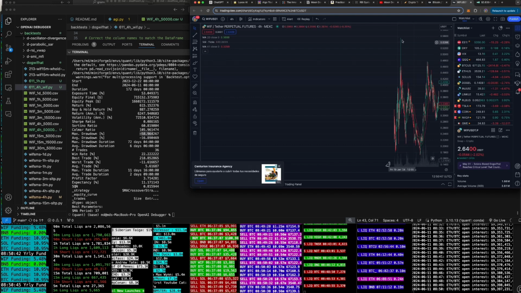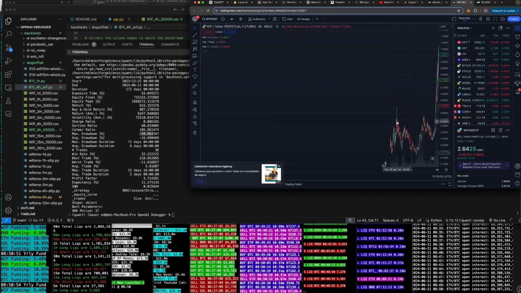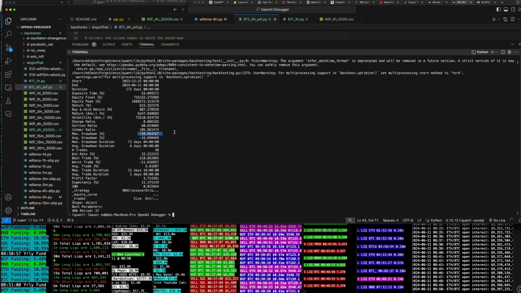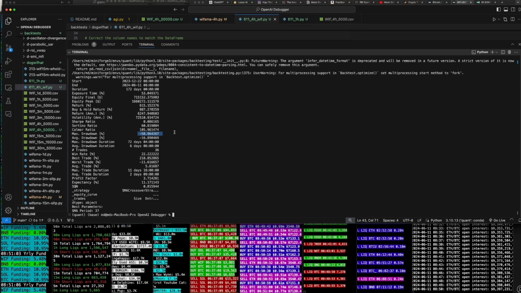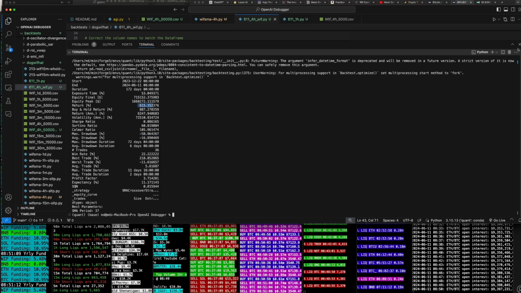This is a wick, so I'm not going to draw it all the way down. It's not super crazy, but it dropped down 60%. And here it's 58%. So it's not different. So I feel like this model breaks at 2%.